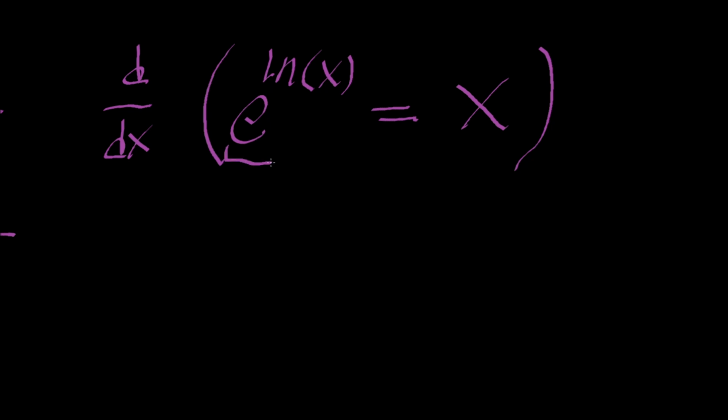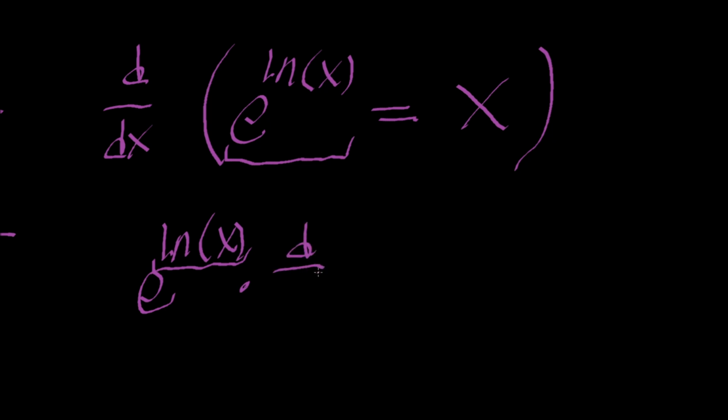So on the left-hand side, we know by the chain rule that the derivative of e to the power of some function will be equal to e to the power of this function multiplied by the derivative of this function, d dx of ln of x, which is really what we're looking for, will be equal to the derivative of x, which is just equal to 1.